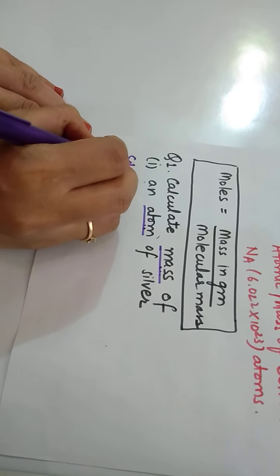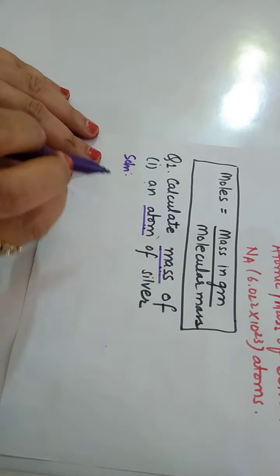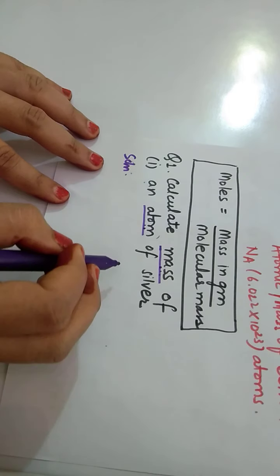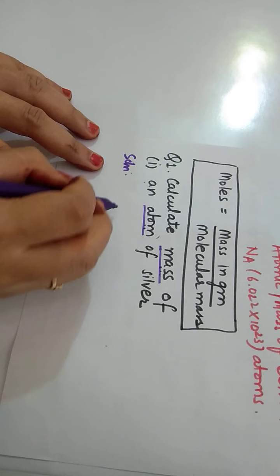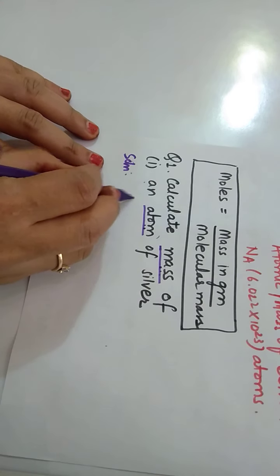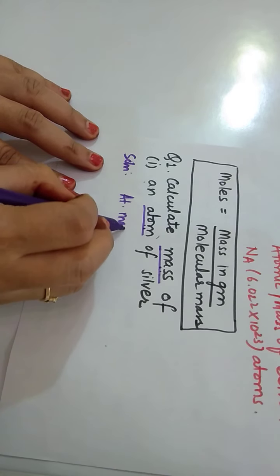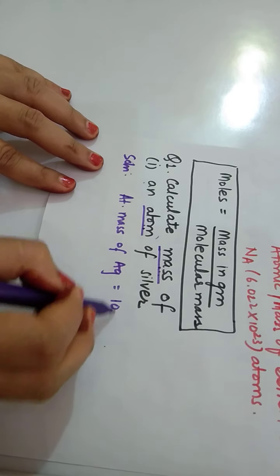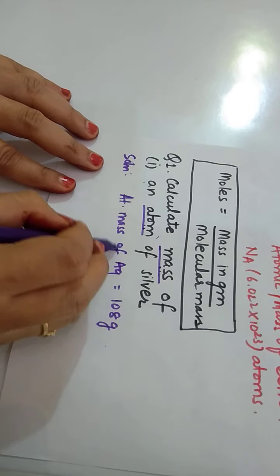Solution is: an atom of silver you need to find out. The atomic mass of silver is 108 gram.